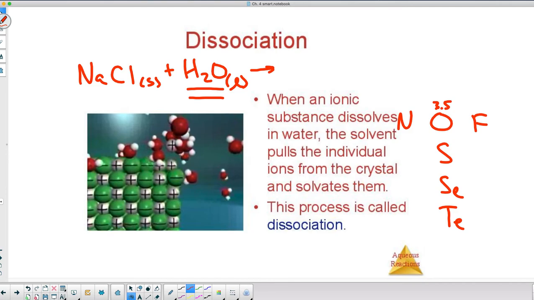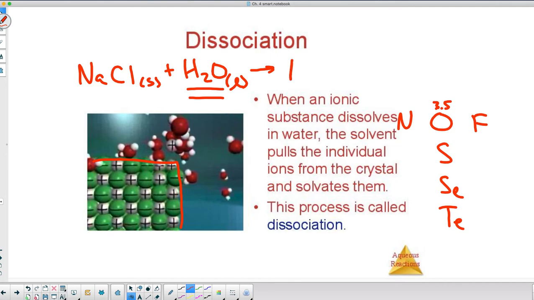So what happens here is water will pull apart sodium and chlorine from each other. Down here you can see the crystals of sodium and chlorine, as they are positive and negative, and then as water floats in to meet up with the sodium chloride crystals, there's a positive end of water and a negative end of water, and they start to attack the actual atoms and pull them off.